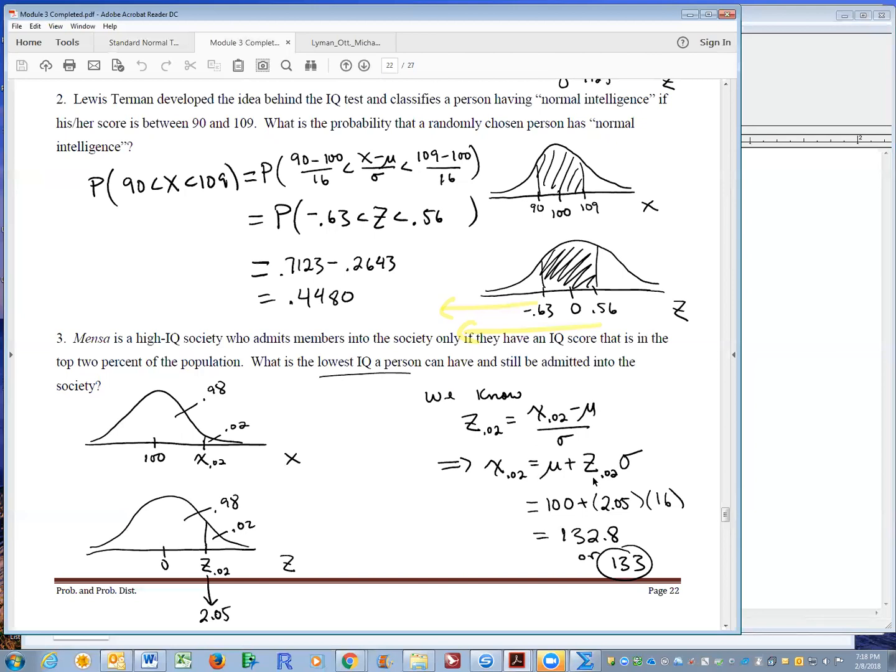It's mu plus z times sigma. Plug in those values. Mu was 100, sigma was 16. This z value I had to find from the table, and I set up a picture over here to help us find that. Questions with that example, 3, 2, or 1?